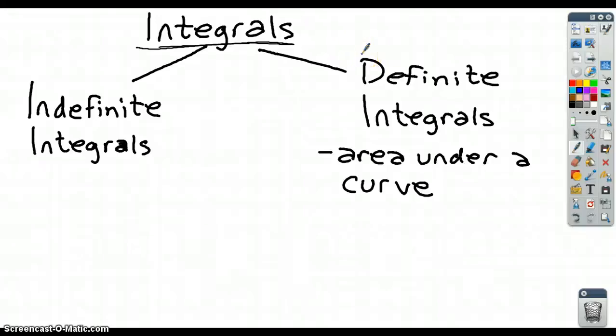Okay, so we studied derivatives for most of the first part of calculus, and we were interested in looking at instantaneous rates of change, which ultimately led us to discovering the derivative of a function, which is the collection of all those instantaneous rates of change, or the slopes of the tangent lines at those points.